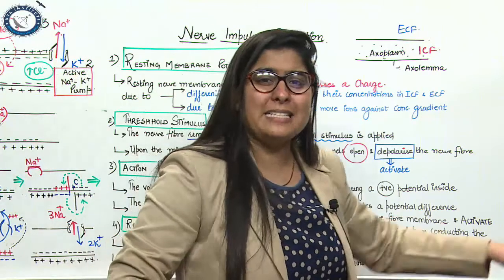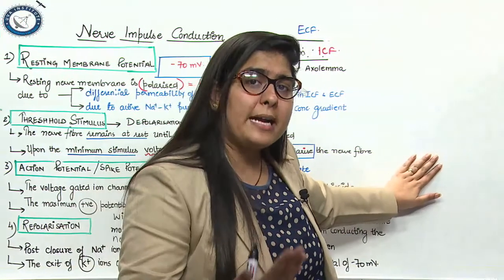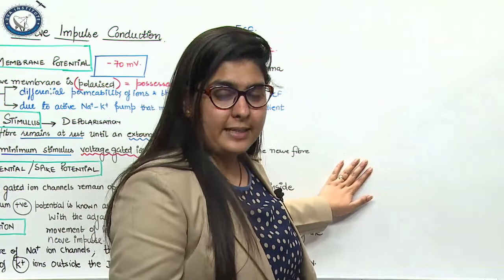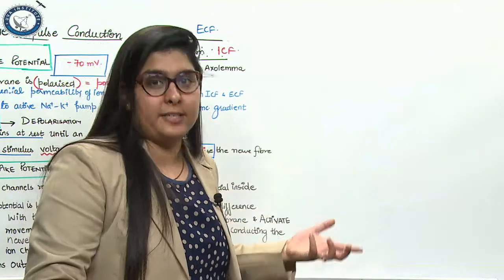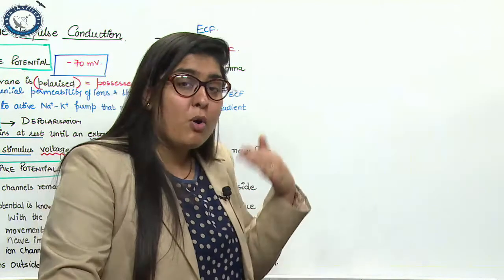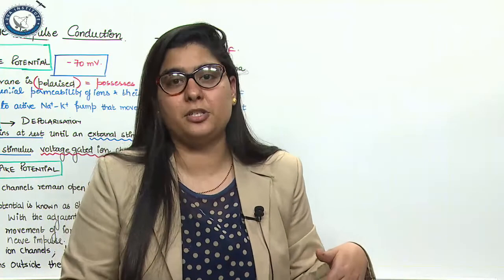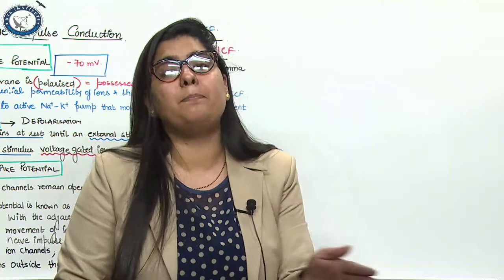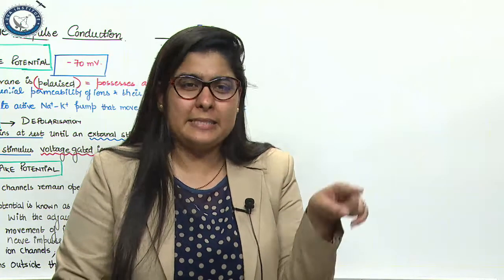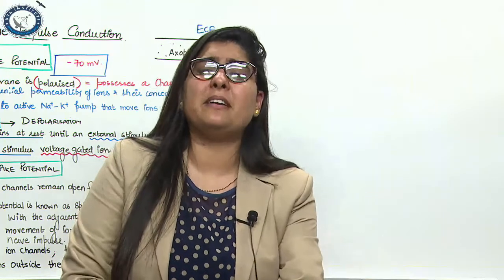Whenever this repolarization is happening, again because of inertia of movement, the ions move more outside and the inside of the nerve membrane becomes more negative. Right? That more negative potential is known as hyperpolarization. Repolarization is happening, but it is repolarizing a bit too much, so it has become hyperpolarized. It takes a bit of time to come back, as it has gone from minus 70 to minus 90, minus 100 millivolt.